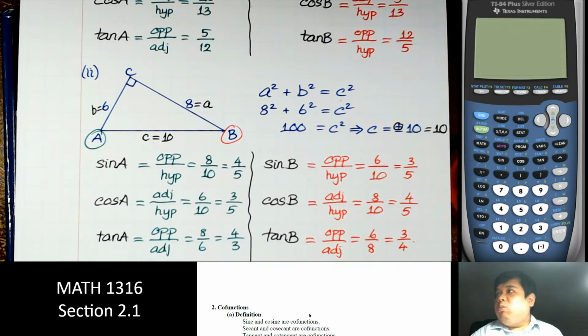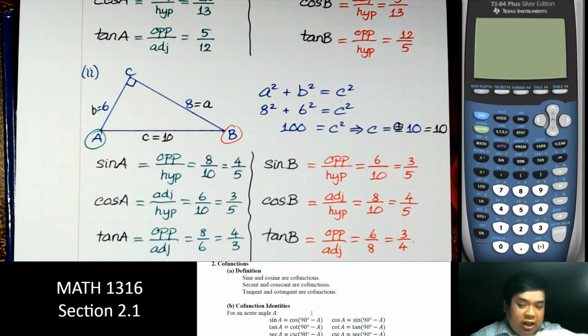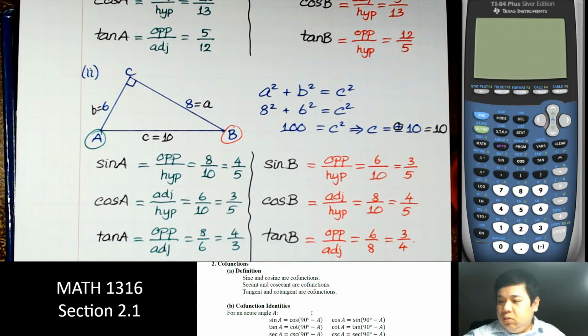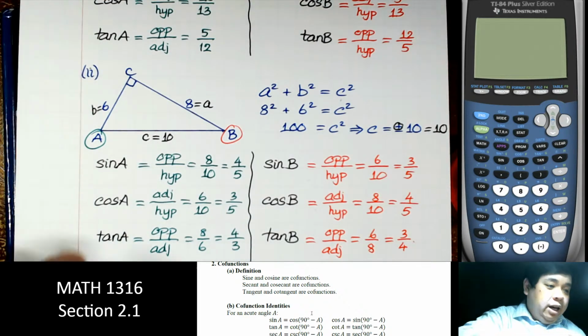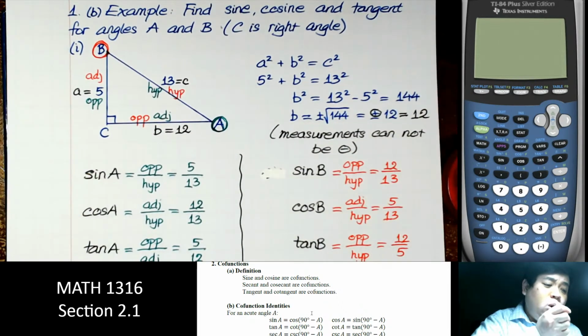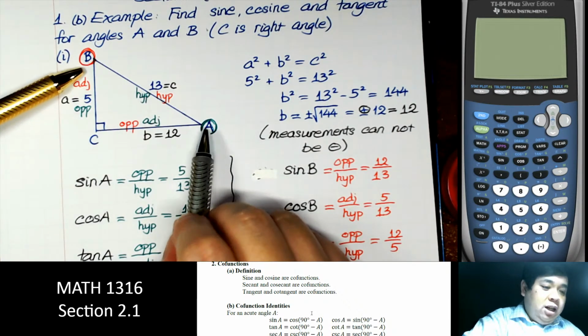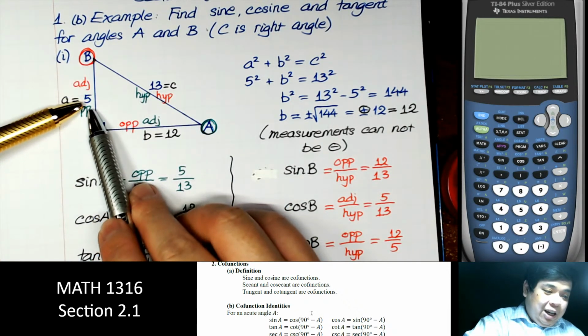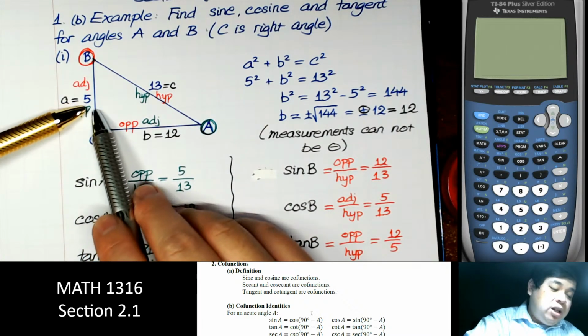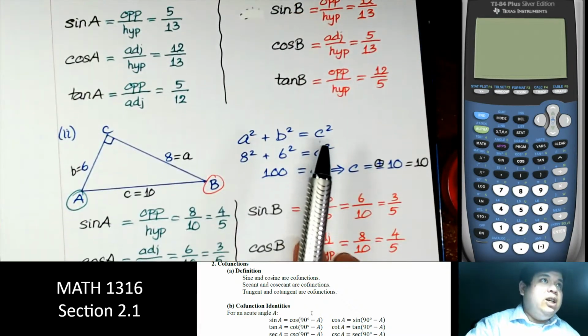Now what we go to the next part is what we see here. What we see here is on the first one. Notice that with respect to angle A and with respect to angle B, adjacent with respect to this angle is opposite with respect to the other angle.